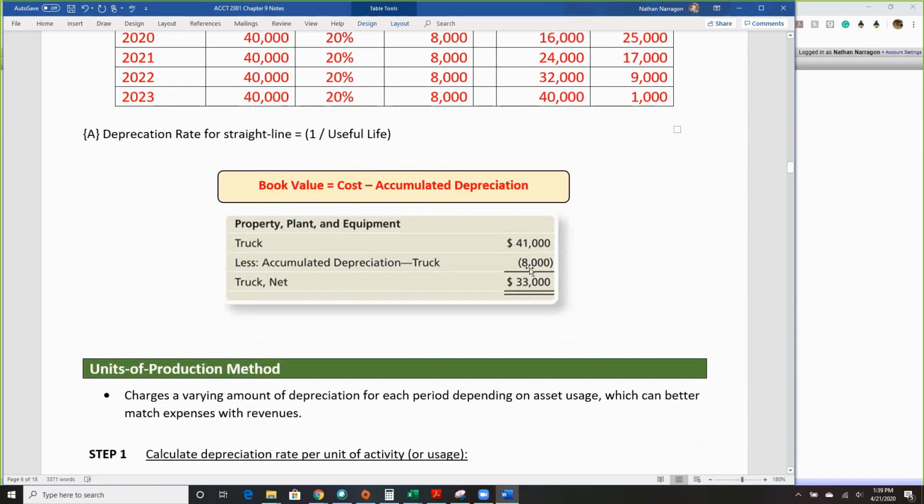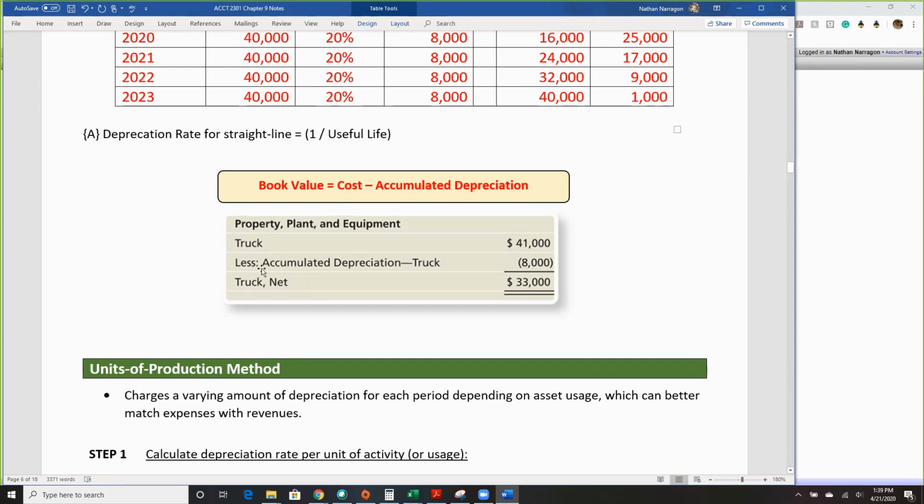So, for our balance sheet, this is usually what it's going to look like. We'll have the fixed asset less any accumulated depreciation. So there we go. We come up with what they call a net value.